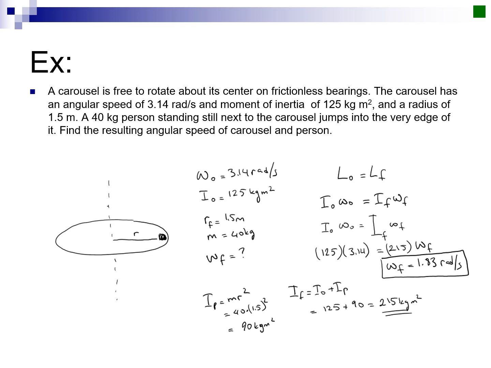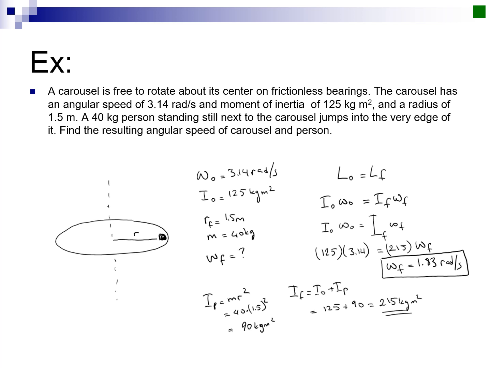A person suddenly jumps onto the edge of the carousel, so the radius is 1.5 meters, and the additional mass added is 40 kilograms. We need to find the final angular speed of the carousel.